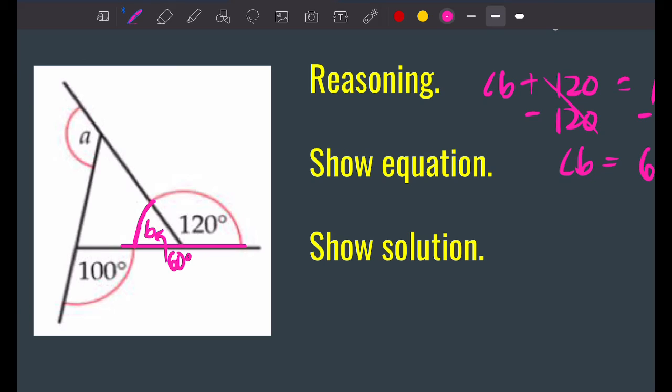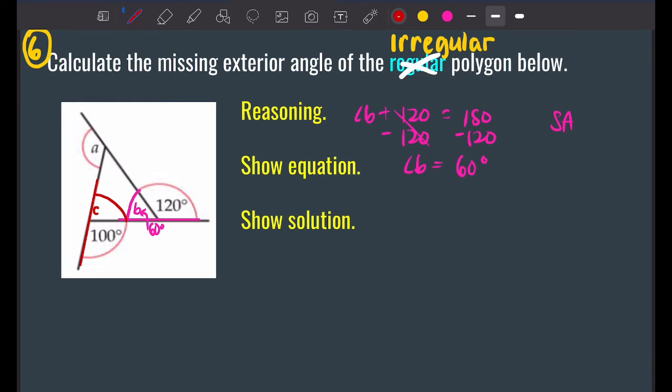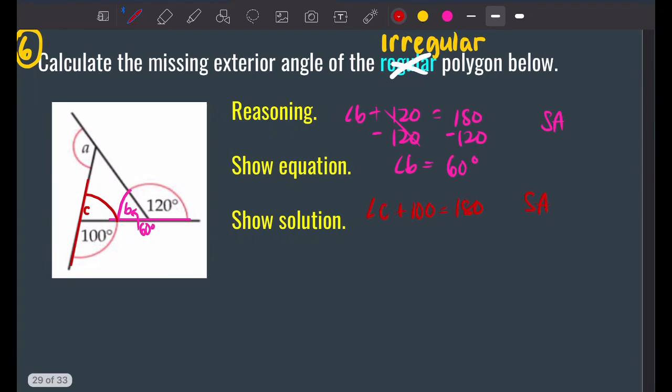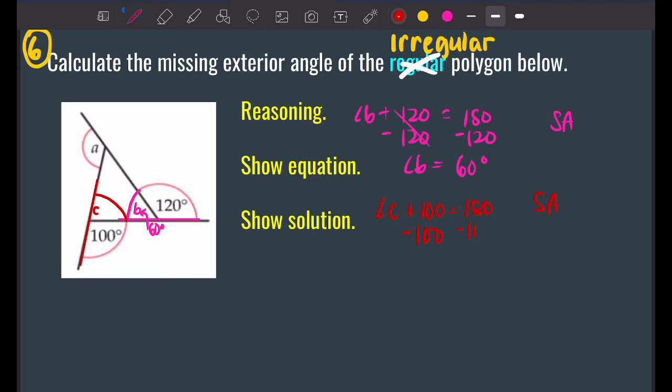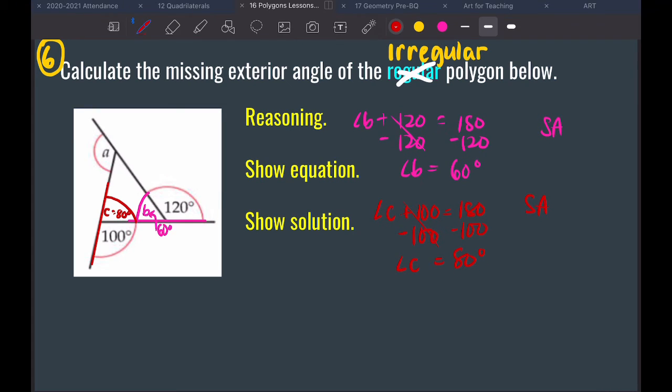Now let's do this one. Look at that. It is another pair of angles on a straight line. So let's name this angle C. We know that angle C plus 100 equals 180, because they are supplementary angles. Minus 100 on both sides, angle C is equal to 80 degrees. So now, how can we solve for angle A?